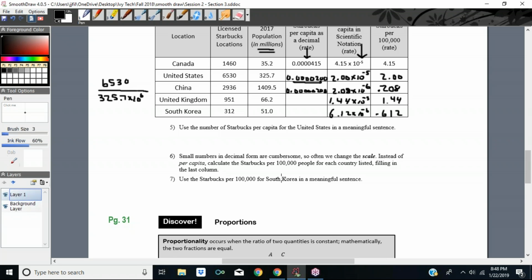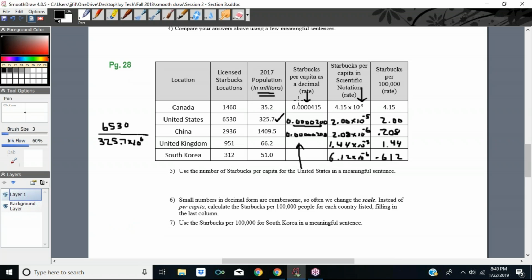So it says use the number of Starbucks per capita for the United States in a meaningful sentence. The Starbucks per capita, so that's this one for the US. Use that in a meaningful sentence. We would say we have to look at the data a little bit more. So this, in the book, it says it's from 2017.